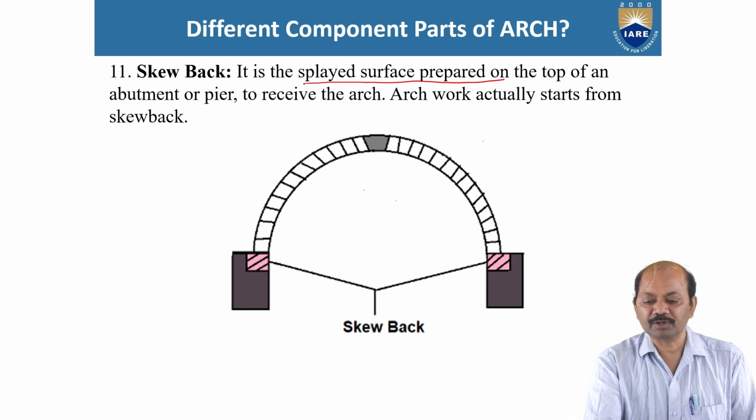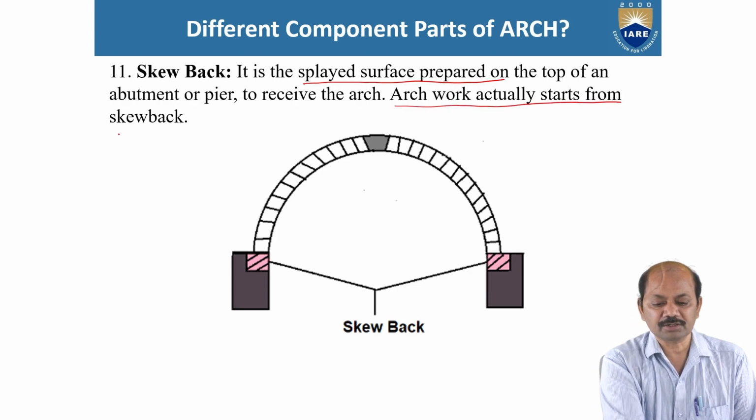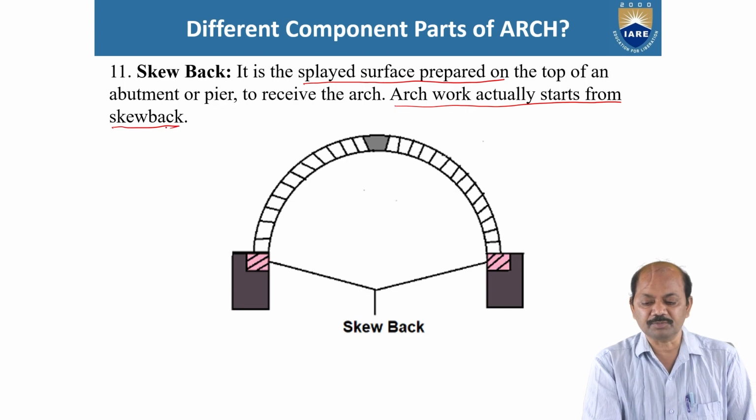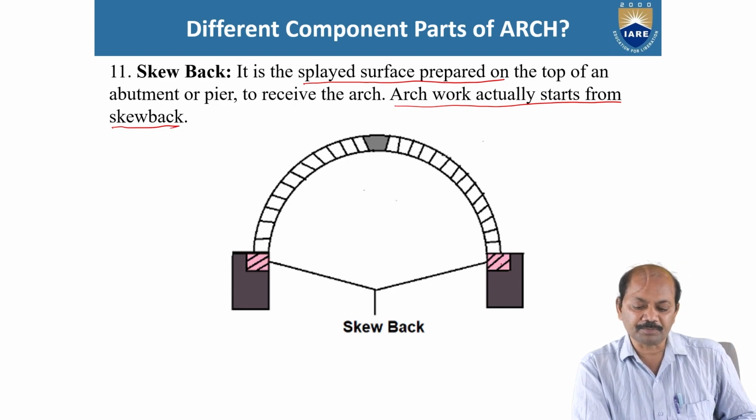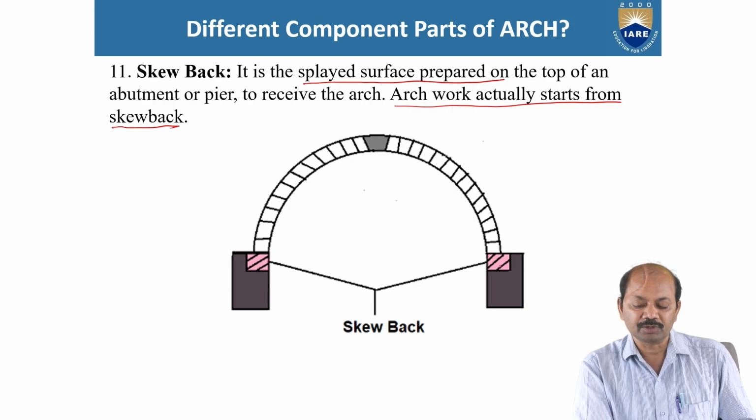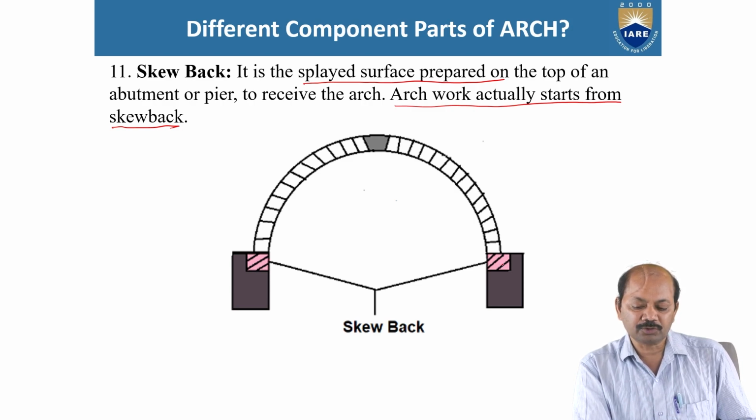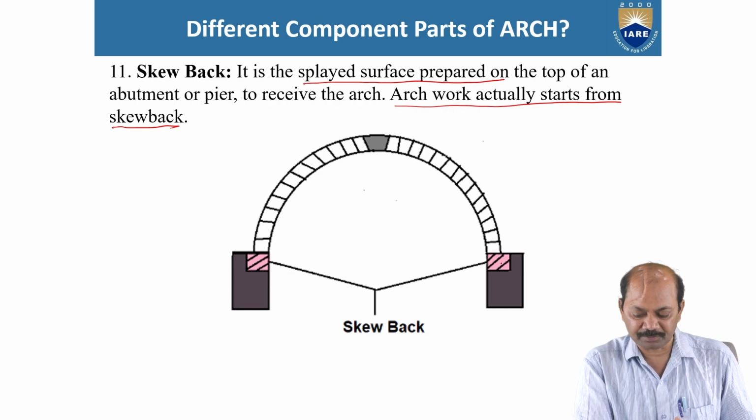Arch work actually starts from the skew back. That means on the abutment, a proper surface is prepared to start the construction of the arch. That is called skew back.